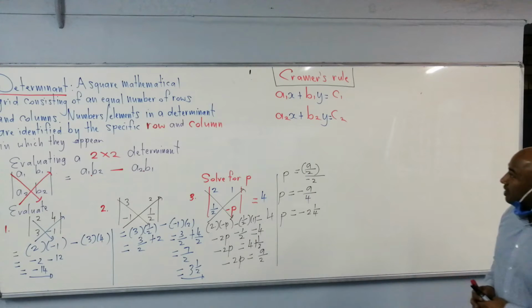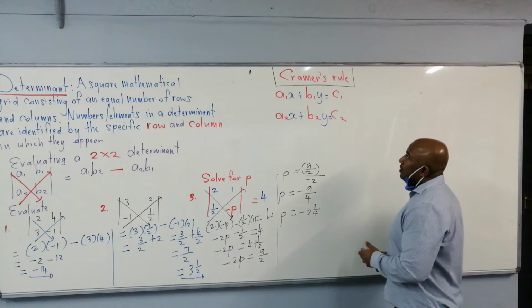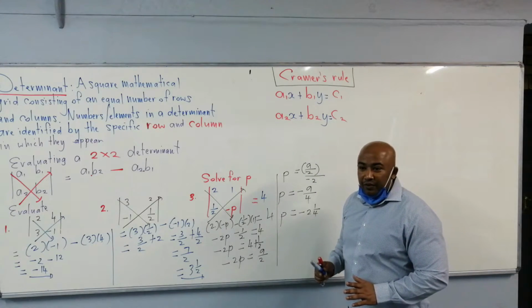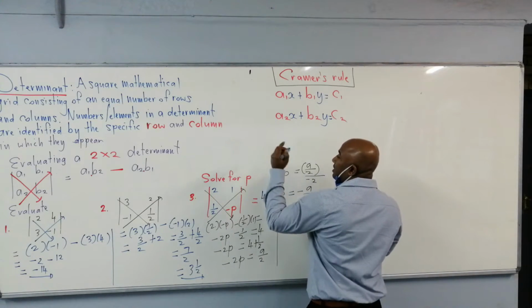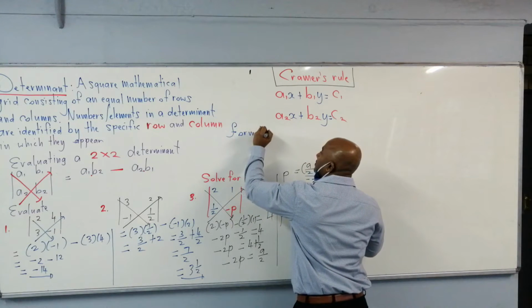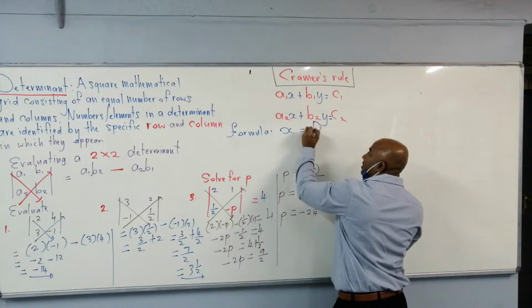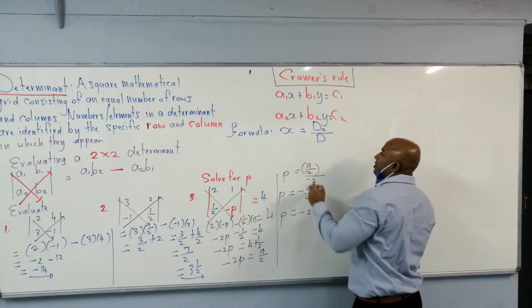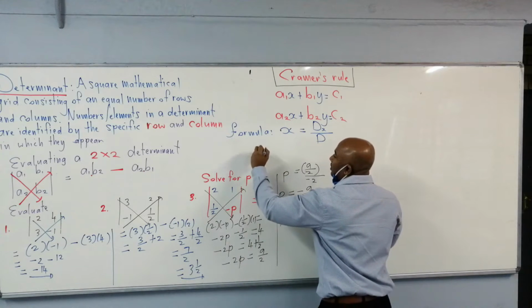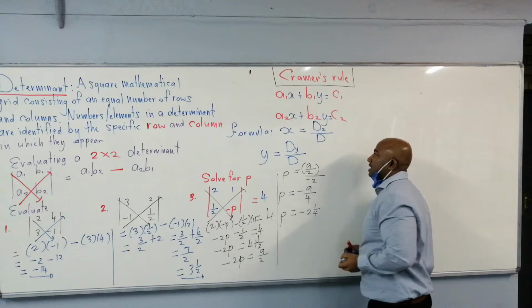Okay. So this is Cramer's rule, determinants. These are 2 linear equations. We want to work out x and y. So the formula, we're going to work out x. It's given by the formula dx over d. And then you're going to work out y, it's given by the formula dy over d.